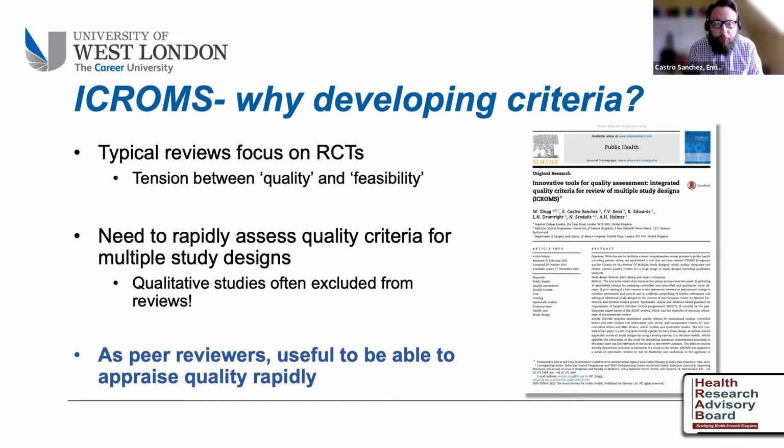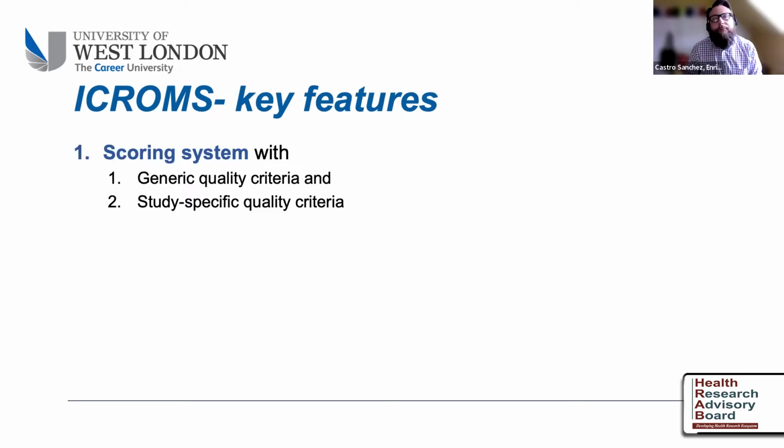So the job of our paper is to entice the reader, but even before that, you need to entice the editor, and you need to also convince the reviewer that your paper is technically sound and novel. So these are, in my opinion, some of the reasons why using ICROMS will be useful.